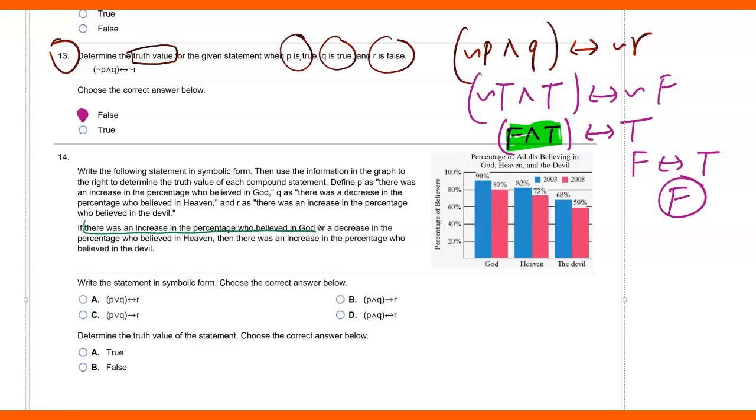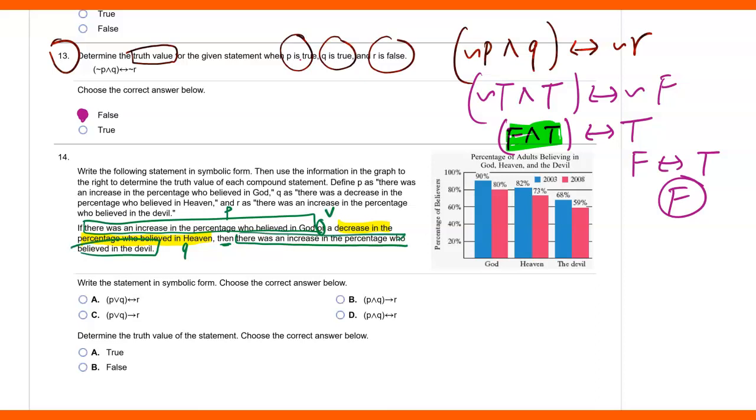This is one statement here, believe in God, that's P. Here is or, that's the symbol for this, or decrease in percentage who believe in heaven, that is the other statement, which is Q. Remember that the yellow highlighted is Q. And then there was increase in percentage who believe in devil, that's R. Therefore you have or as a connective, and also right arrow because of if and then.